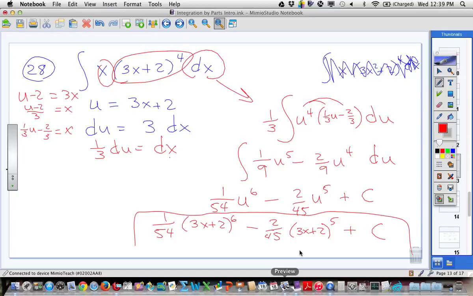Yeah, you don't worry about the plus c. 1/3 u minus 2/3, 1/3 u minus 2/3, 1/9 u to the 5th minus 2/9 u to the 4th. Raise that to a 6. Raise that to a 5.